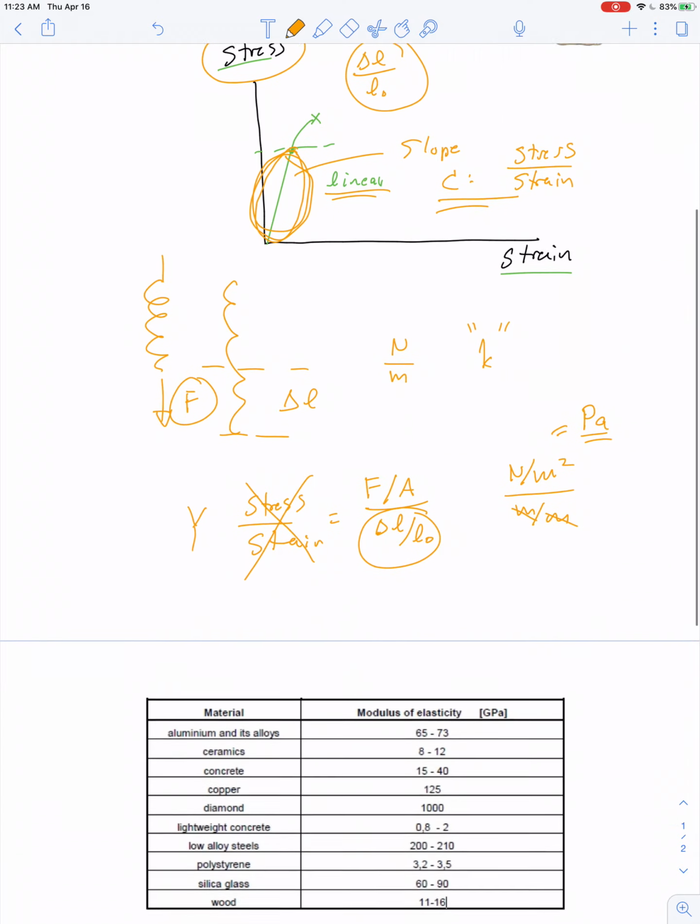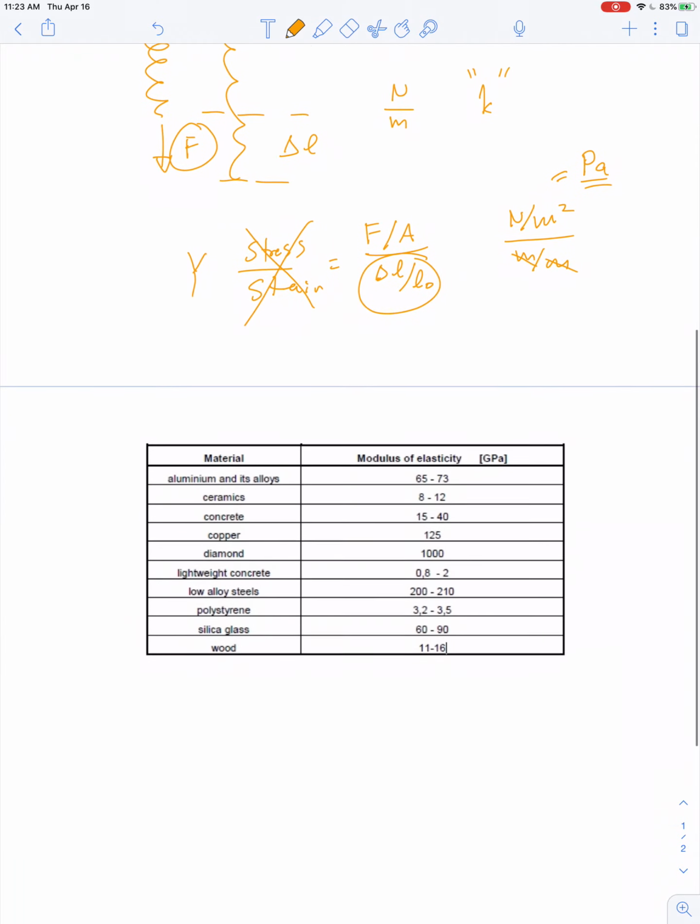So here's a table of constants of proportionality. In other words, the value of Young's modulus for a list of different materials: aluminum, concrete, copper, diamond. Now, we're given the units in GPa. What's that mean? Well, that's just gigapascals, right?